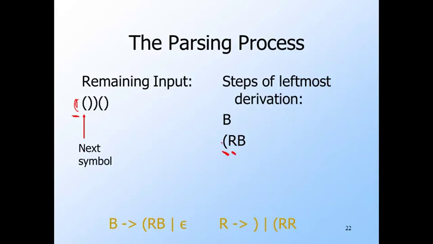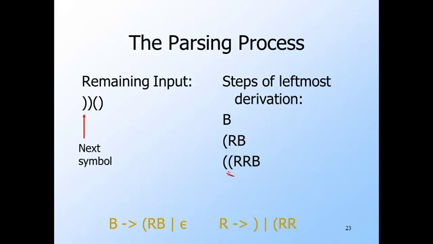That's this guy. Our only choice is to use the body r goes to left paren rr. That's what happened here. The r was replaced by paren rr, and the second left paren has been matched. It appears to the left of the leftmost variable, as here.